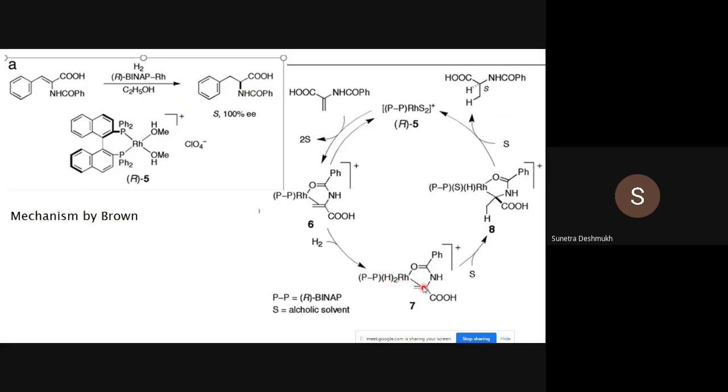Then subsequent hydrogen transfer from rhodium to the carbon-carbon double bond: one of the hydrogens gets transferred from rhodium to the carbon-carbon double bond. Finally both hydrogens are transferred, giving a carbon-carbon single bond, and in this way we got selective reduction of the carbon-carbon double bond. Okay, so this is the mechanism proposed by Brown for this reaction.